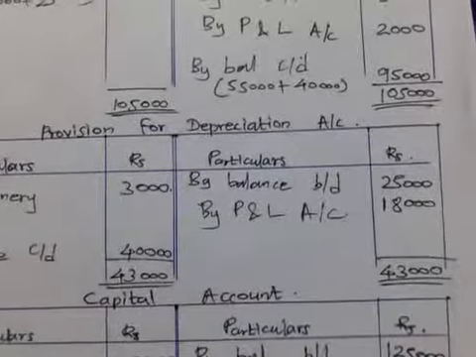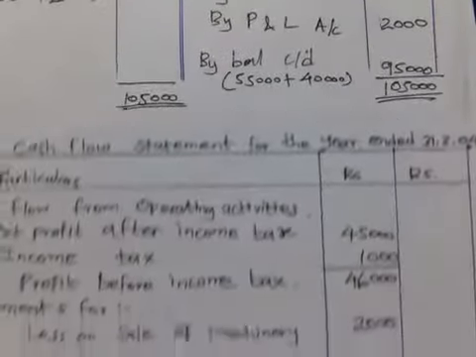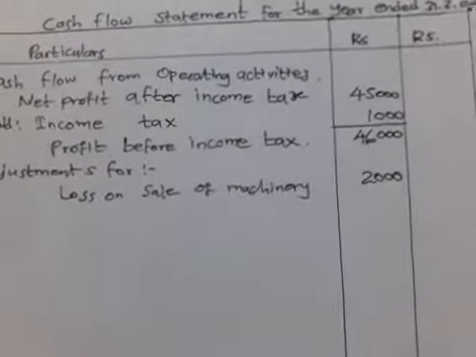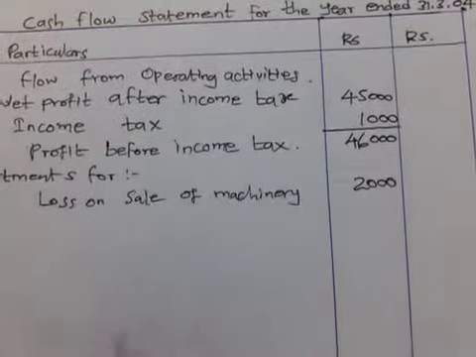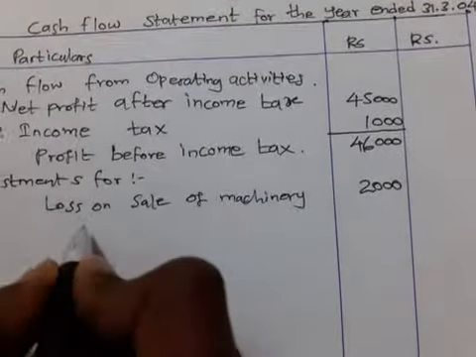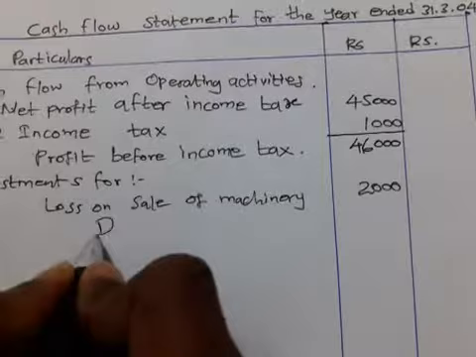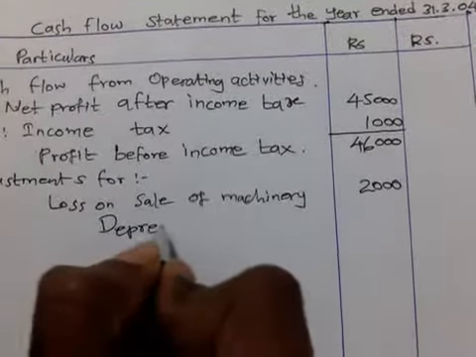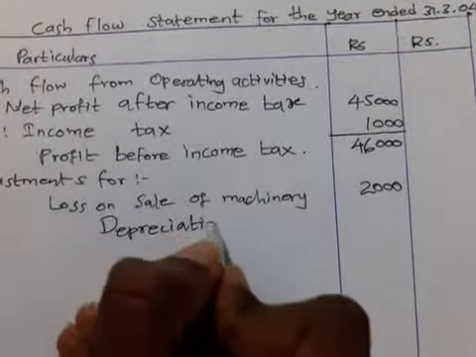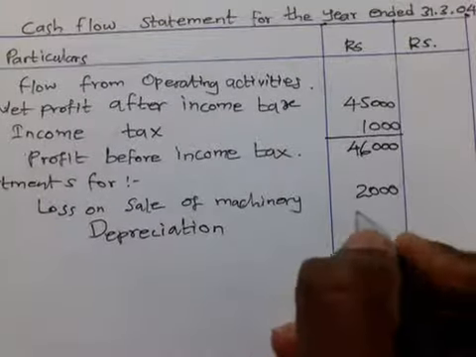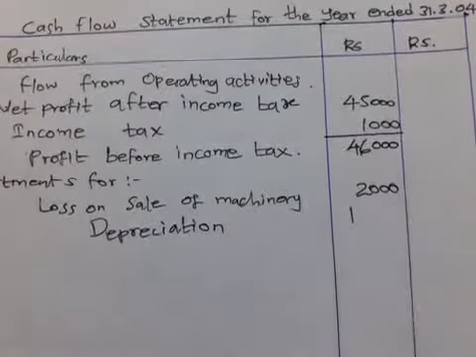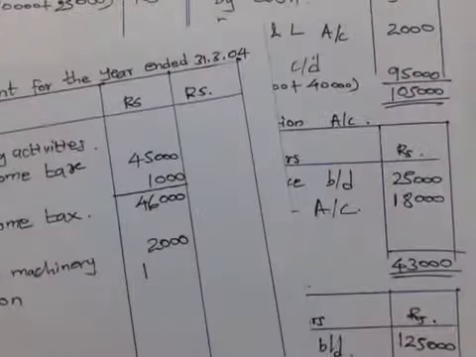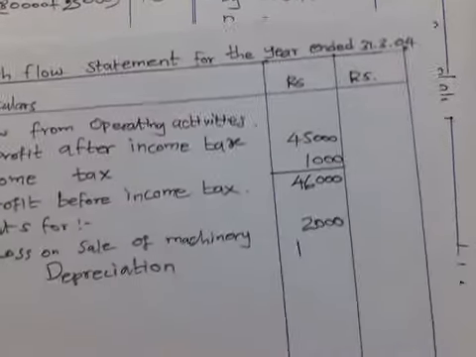We have to add it back to the net profit, 18,000, because depreciation is not a cash transaction. $18,000.